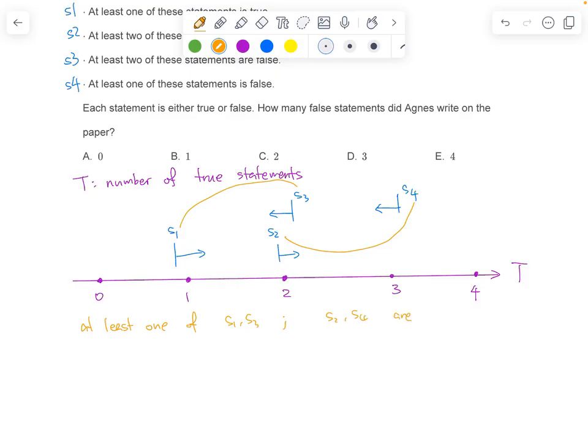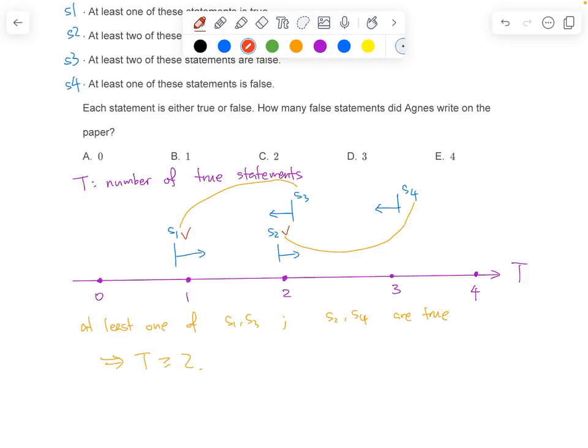So what does it mean about T? It just means that T is greater than or equal to 2. So as a result, I know that there are at least 2 true statements. So S1 is true, S2 is true.